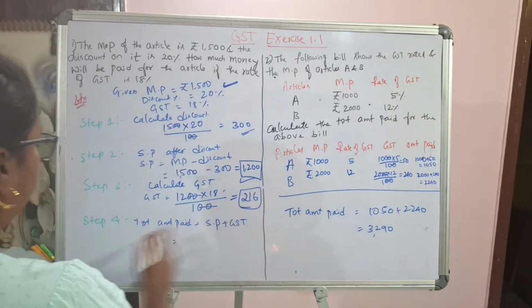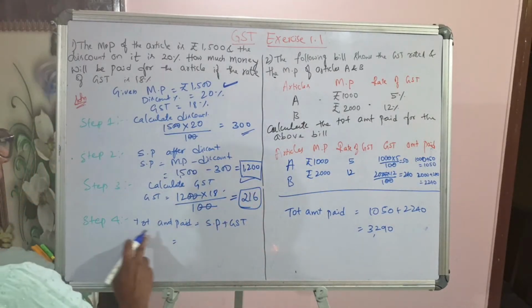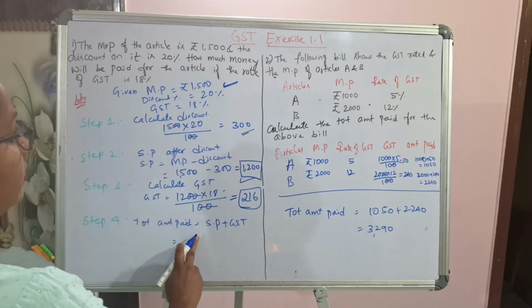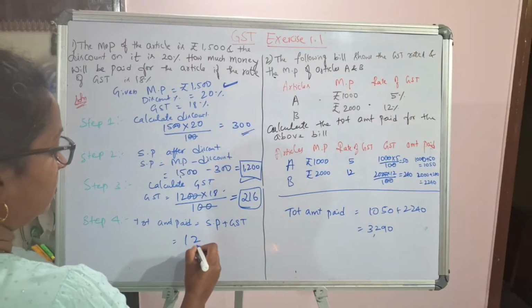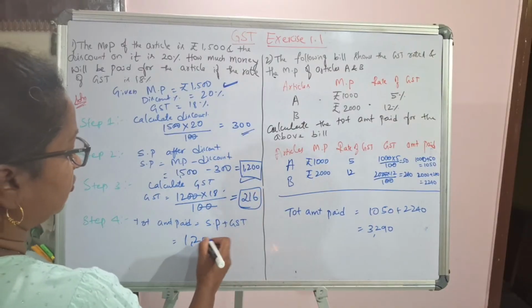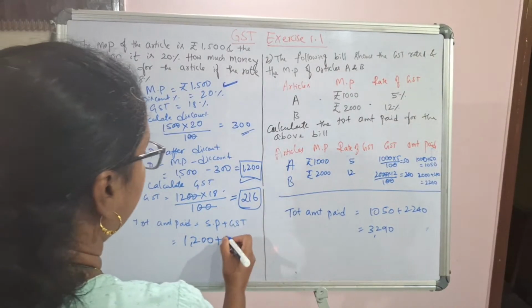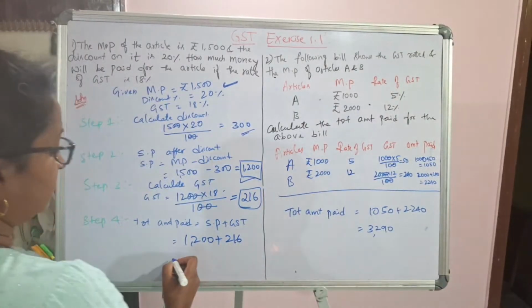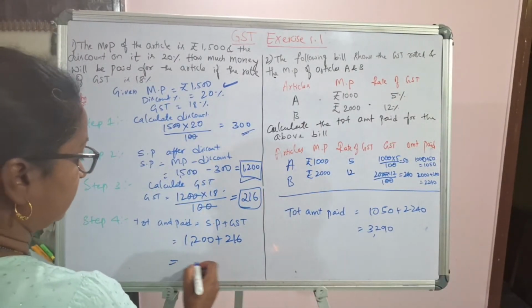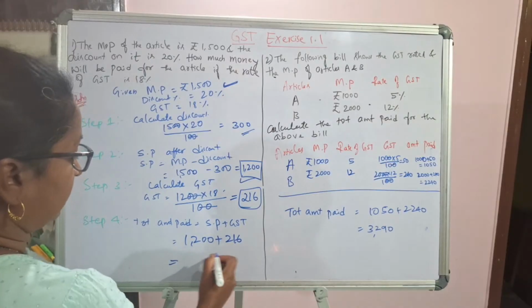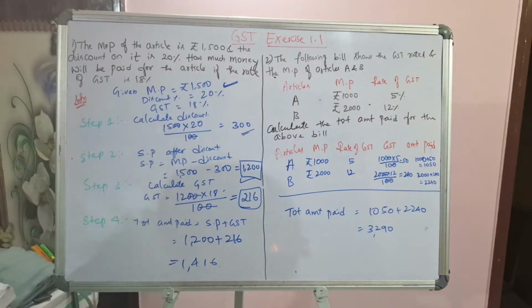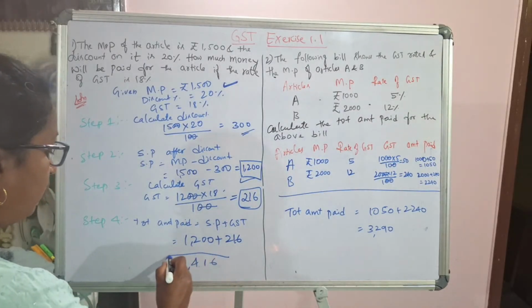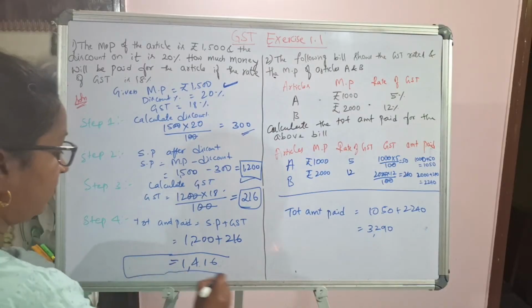Now finally we have to calculate the total amount paid for the article, that is the selling price 1200 plus the GST amount 216. So the final answer is 1416 is the total amount paid for the article.